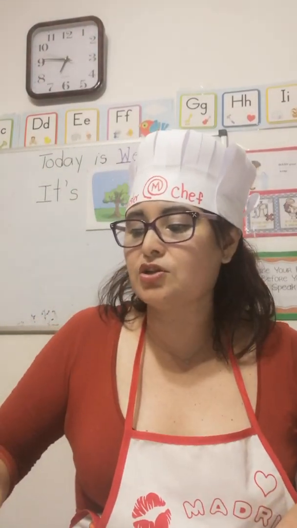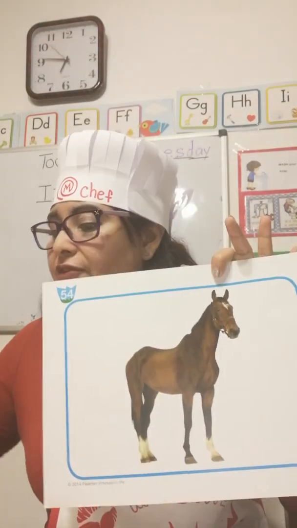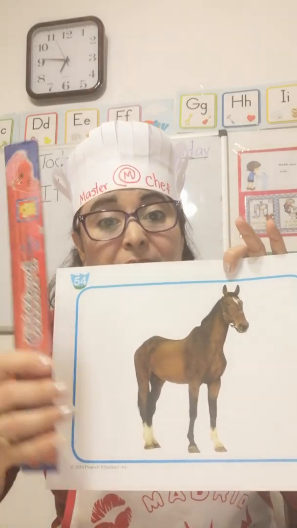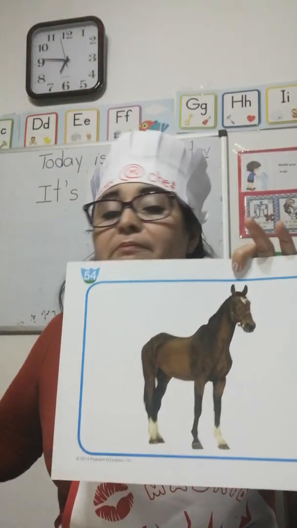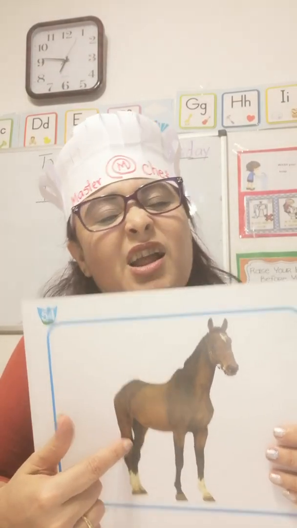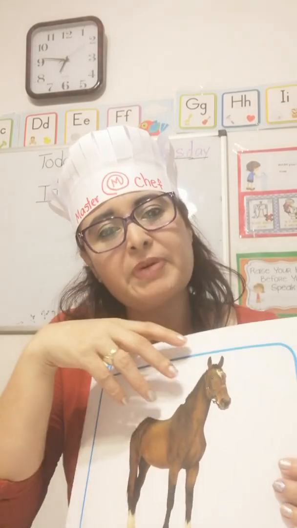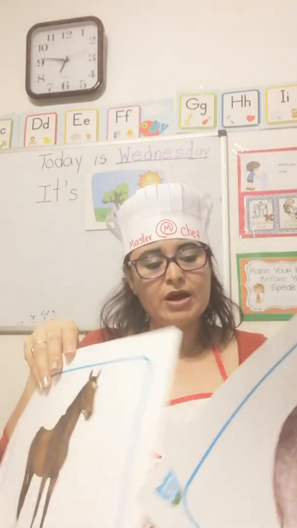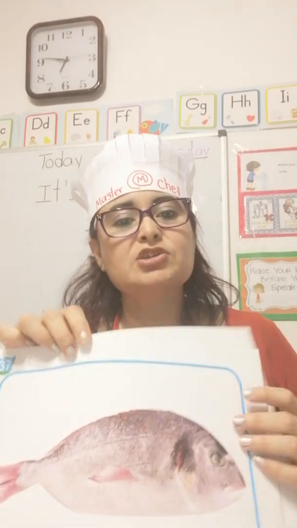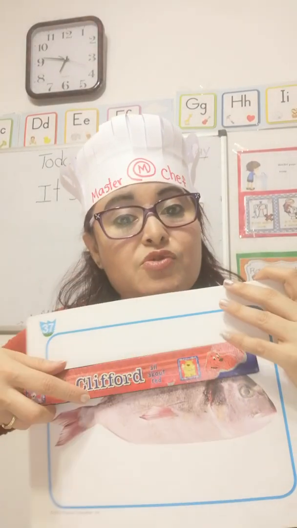If I want to measure, for example, a horse, like this one in the picture, I can use a ruler. But if I want to measure a real horse, a big one, I am not going to use a ruler. What do you think we are going to use? Think about it and tell your parents at home. If I want to measure the picture of a fish, of course, I can use a ruler.